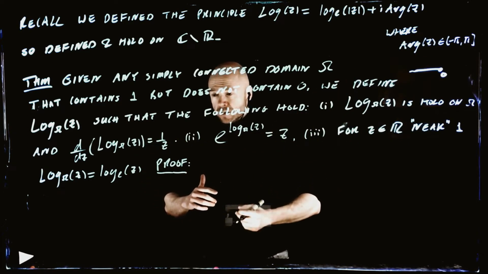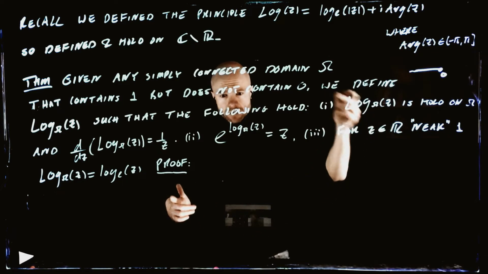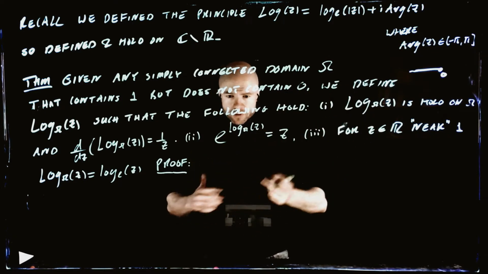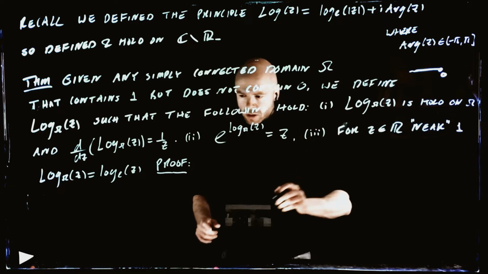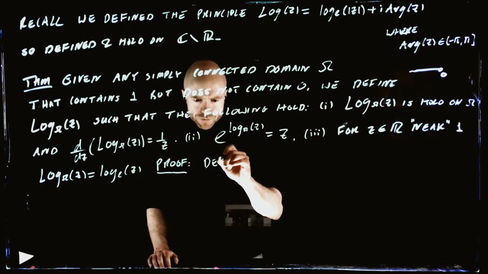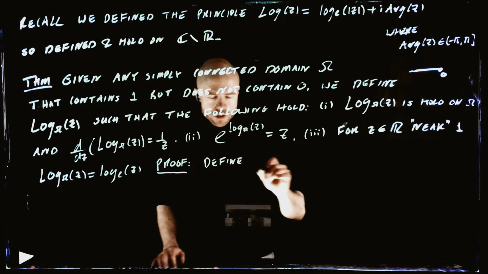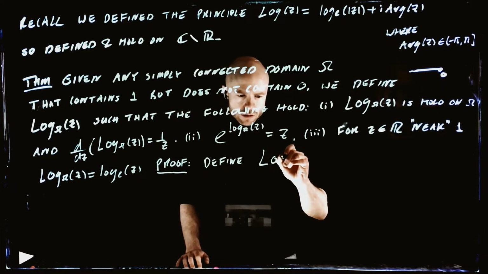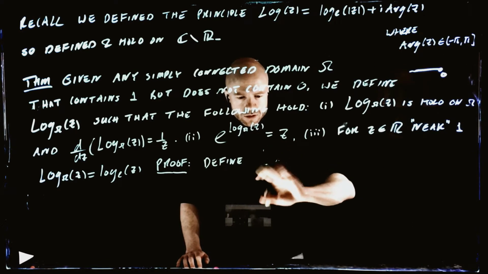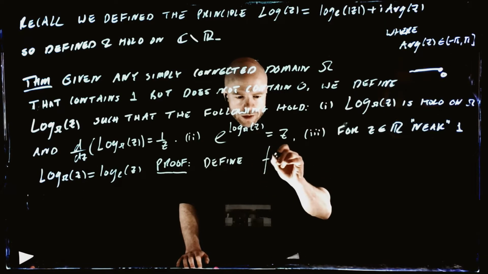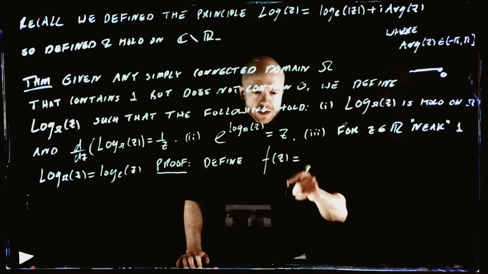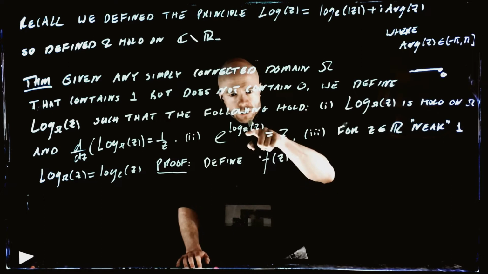Since we are excluding 0, the function 1 over z is a nicely holomorphic function on our domain. So let's define log omega. Actually, I'm going to write f of z because it's just easier to write, and later I'm going to say f of z is this log omega of z.